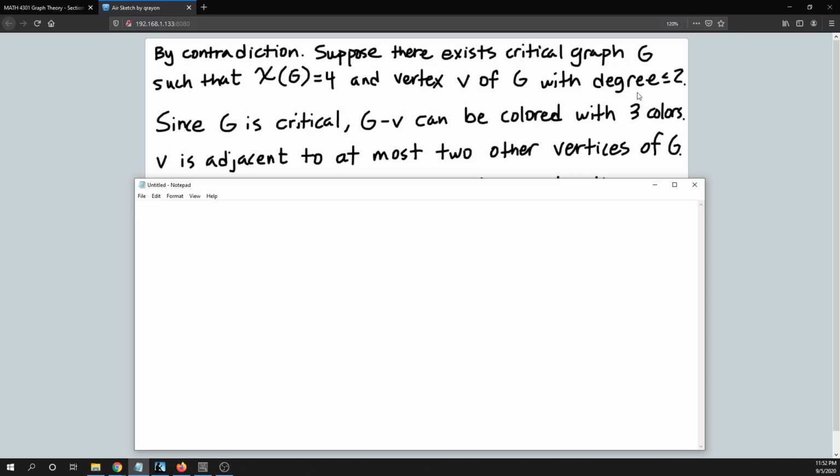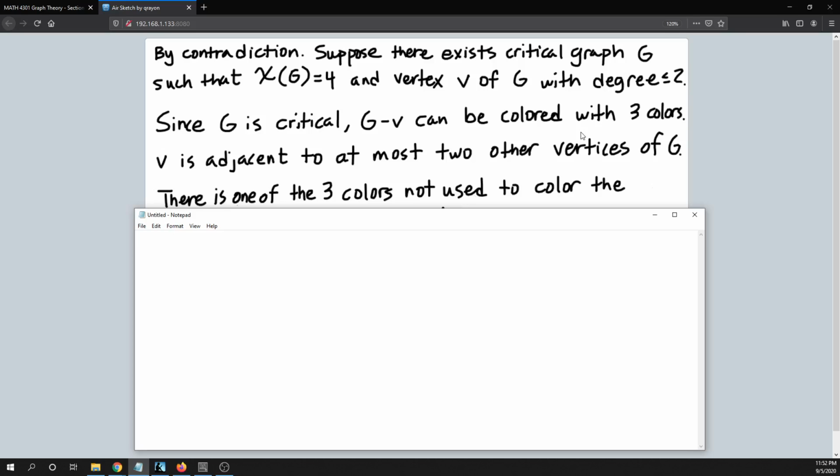We know that the degree of this vertex V is less than or equal to 2, so V is adjacent to at most 2 other vertices of G. We've just colored all of the other vertices with 3 colors, and only at most 2 of them are adjacent to V. So that leaves one of the colors out.